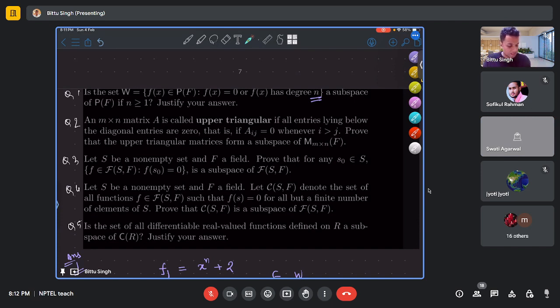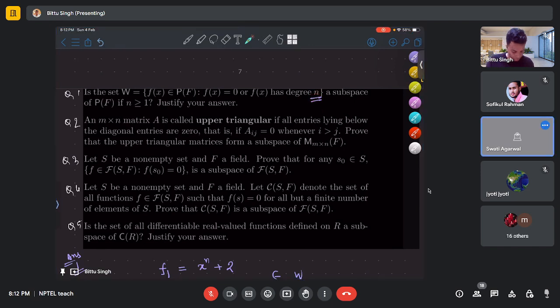For example, n can be equal to 2. So does W belong to the subspace of this polynomial function? Is W a subspace?